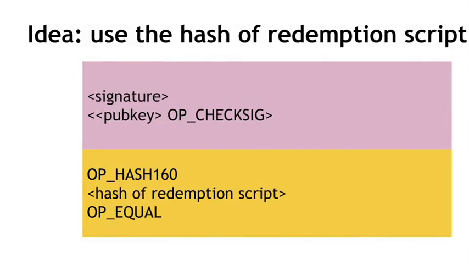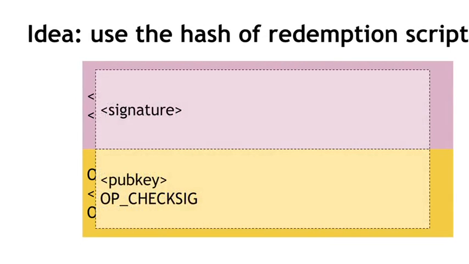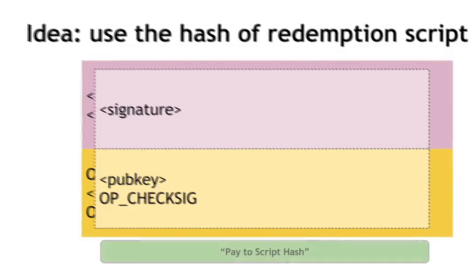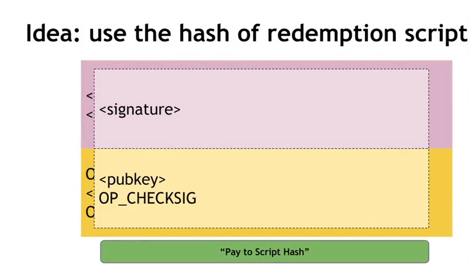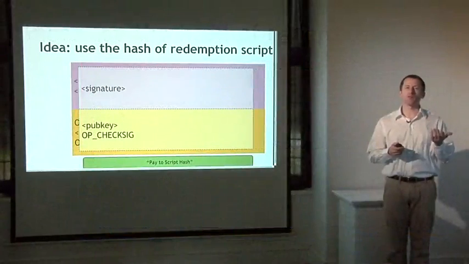First, there was this traditional script which checked that the redemption script had the right hash, and then the redemption script will be deserialized and run as a script itself, and here's where the actual signature check is going to happen. This is called pay-to-script hash in Bitcoin, as an alternative to the normal mode of operation, which is pay to a public key.